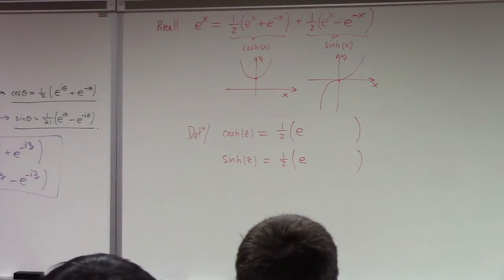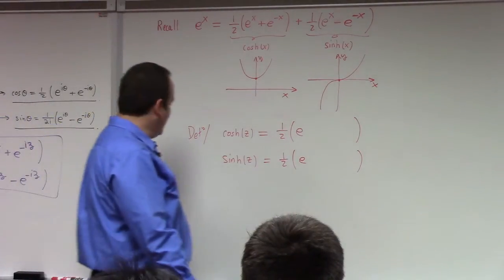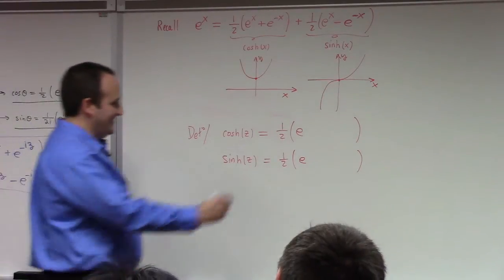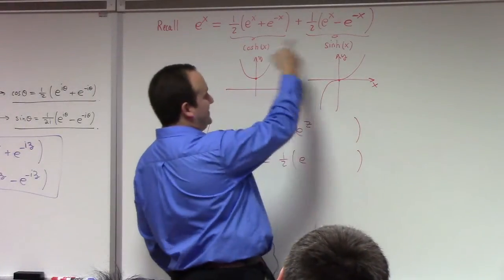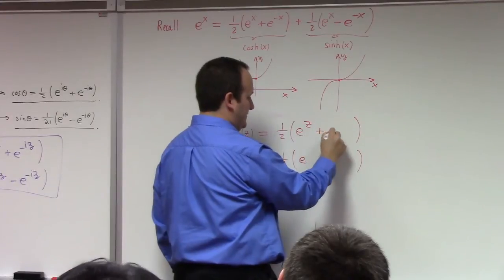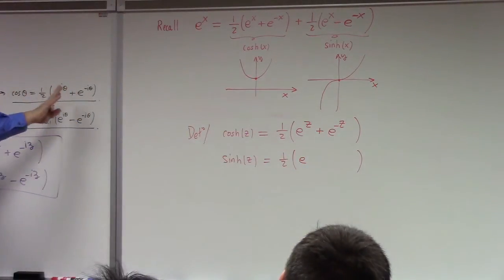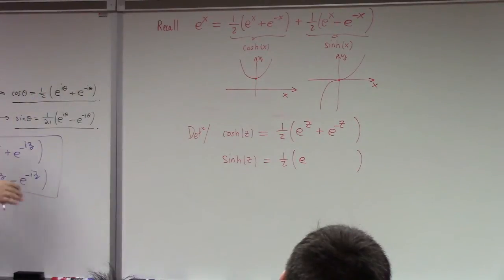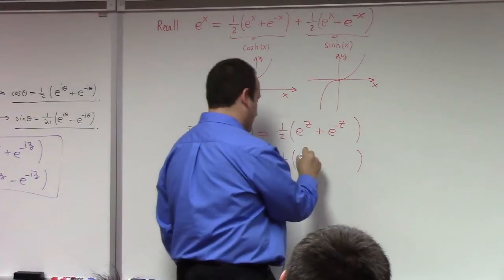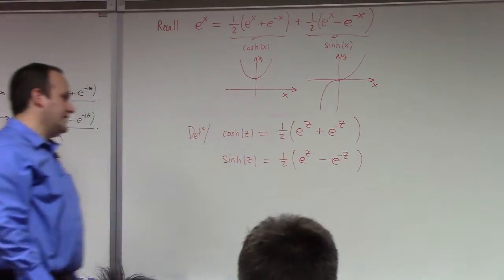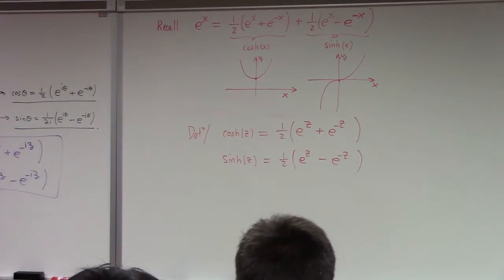I want formulas in terms of z. No i's. Just z, yes. So basically just take the x and replace it with z. Just like I took theta and replaced it. If theta was a real variable over here, I replaced it with z. Same thing here. So there you go. That's the hyperbolic sine and the hyperbolic cosine as defined in the complex domain.